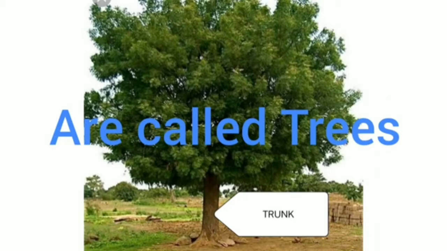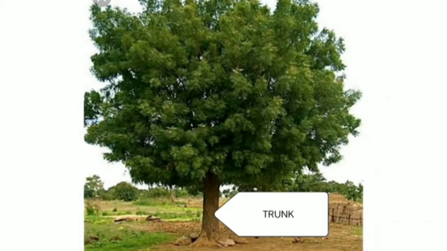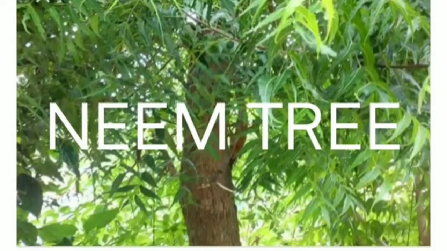Trees have hard and woody stem. It is called trunk. Then its branches give us shade. For example, neem tree, N-E-E-M, neem tree.